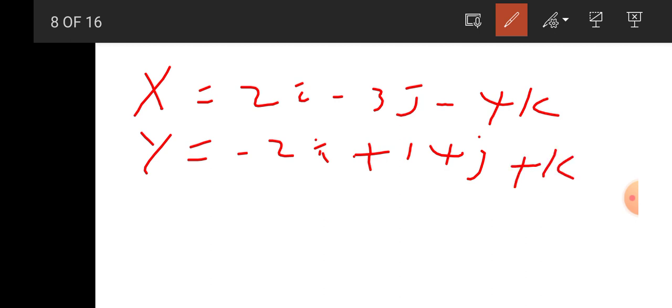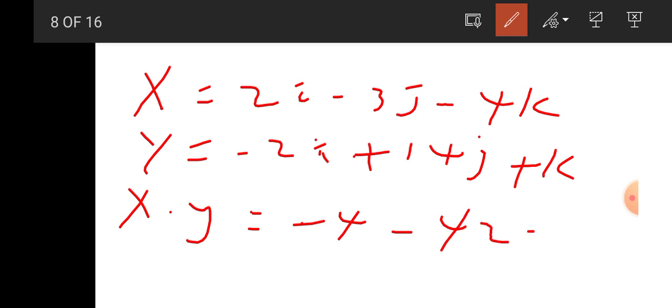So x dot y is equal to minus 4 minus 3 times 14, that is minus 42, minus 4. Therefore, this is equal to minus 50 units.